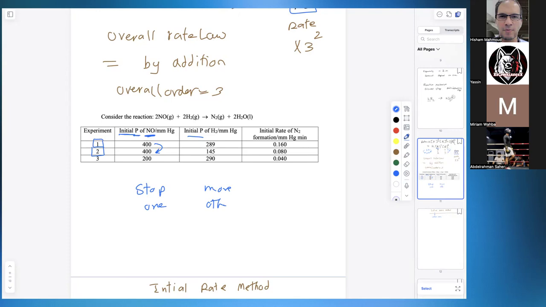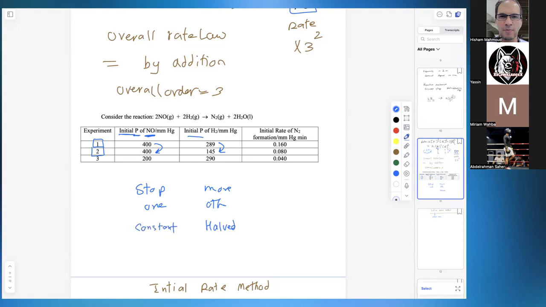It was 400 and it became 400. There is no change. But the other one changed. What happened to the concentration of H2? It's almost halved, while the first one is constant.